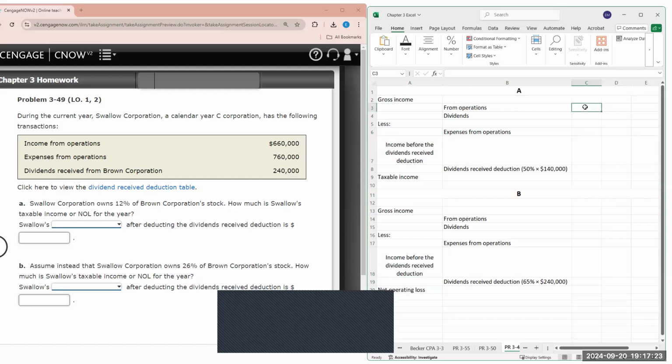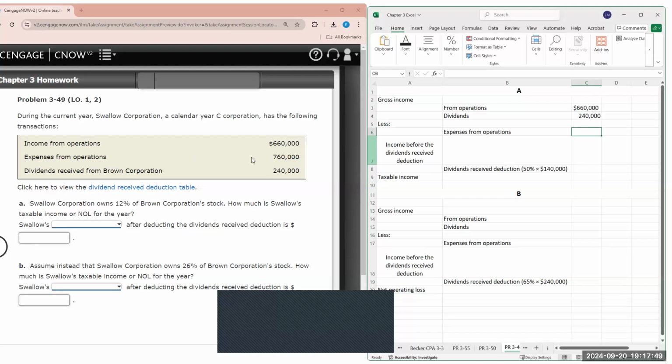All right, so in this case, we start to look at the income from the operations to calculate. So we have gross income from operations of $660,000. There's dividends, as we see here, of $240,000. And then from there, we subtract the expenses.